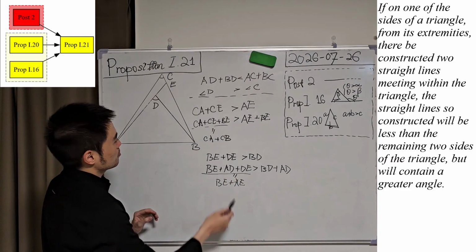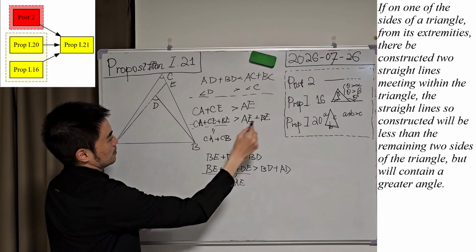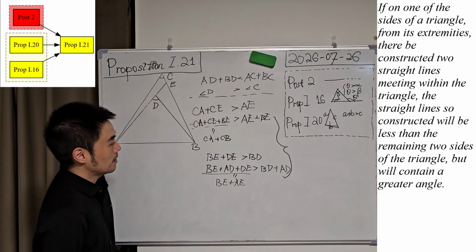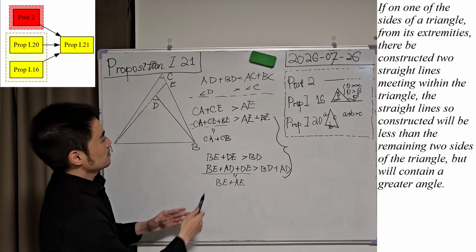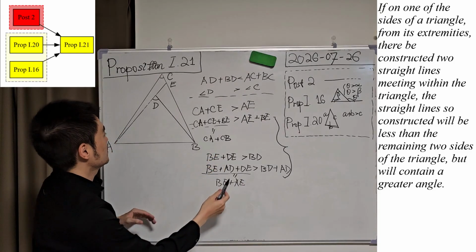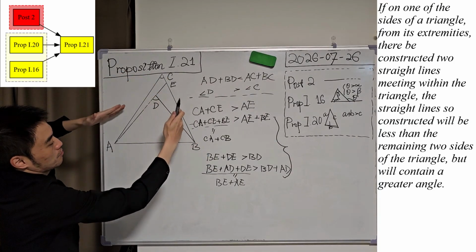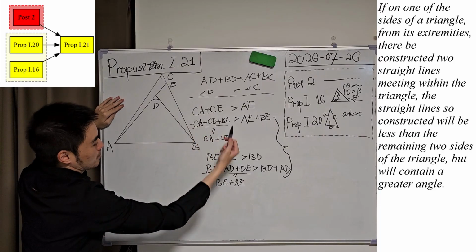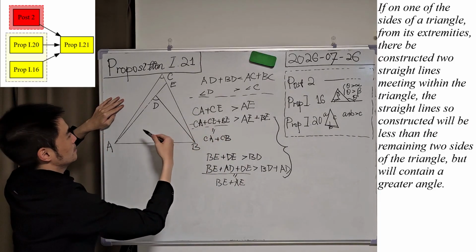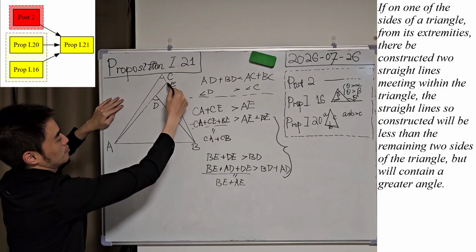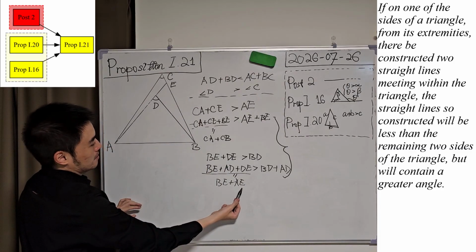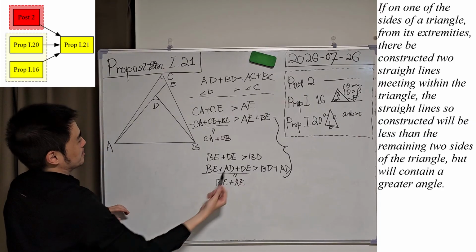And please pay attention to these two inequalities. If we combine them together, we can find that, first of all, CA plus CB, the sum of the original triangle's two sides, is greater than AE plus BE. And meanwhile, AE plus BE is greater than BD plus AD.